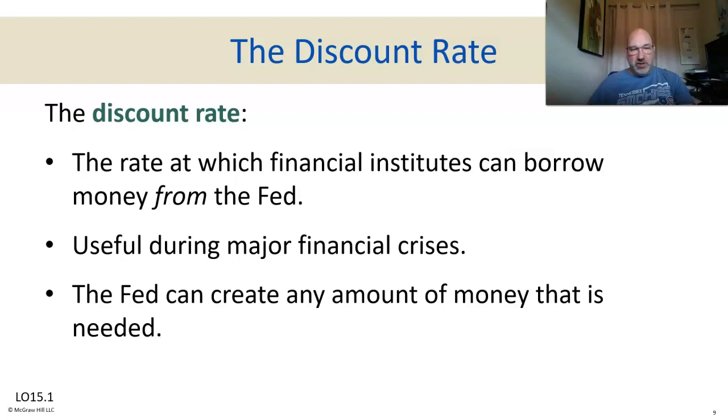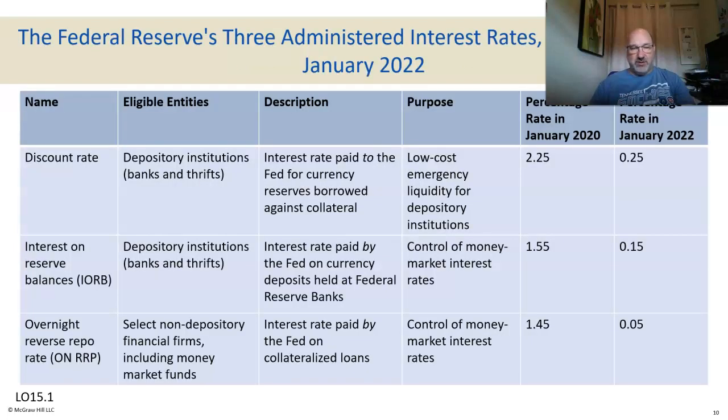It's basically only used during major financial crises. The Fed can create any amount of money that is needed during these times, just because it is that lender of last resort. As I say, people don't want to do this because that discount rate is going to be the highest rate out there.